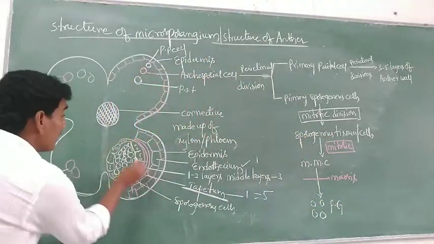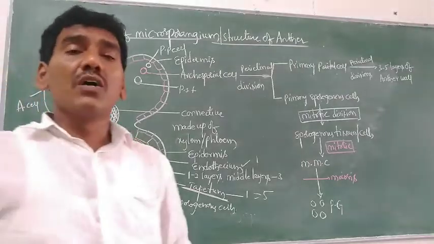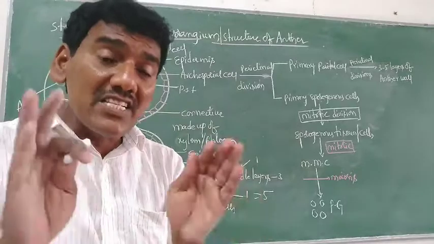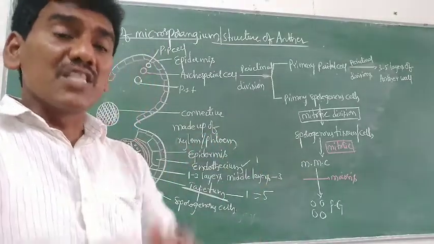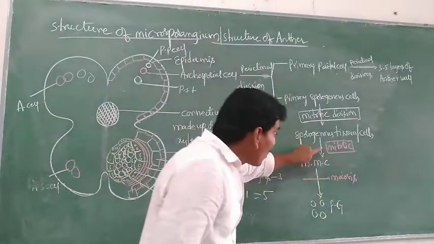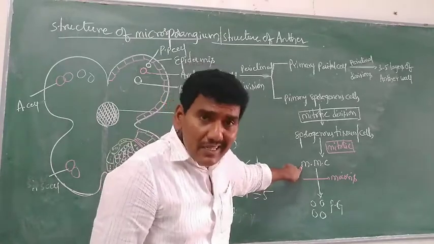This is the sporogenous tissue present inside the pollen sac, inside the microsporangium. Later, the sporogenous tissue undergoes mitotic division to form microspore mother cells.